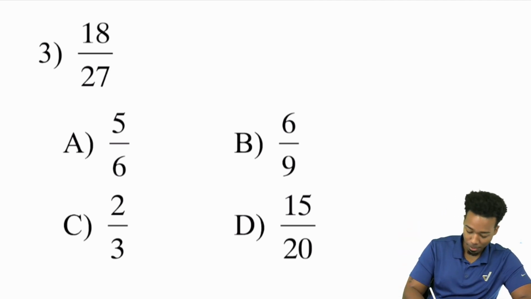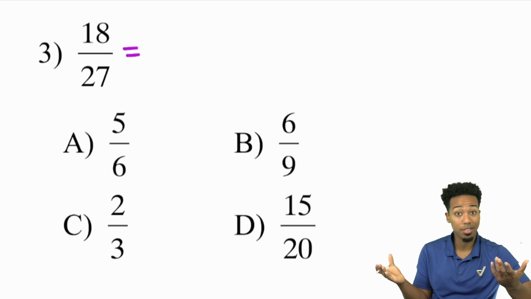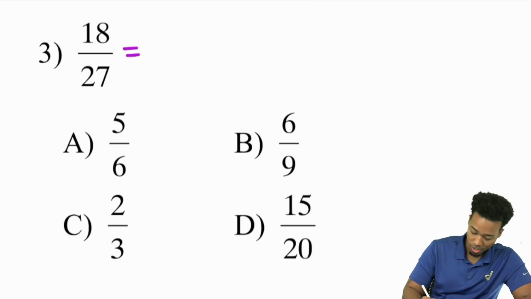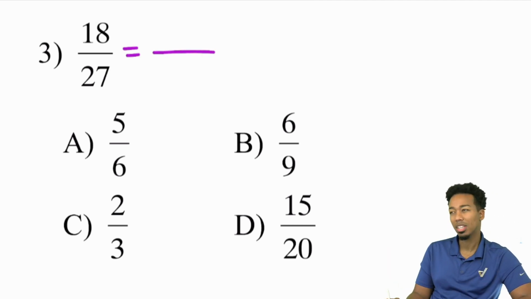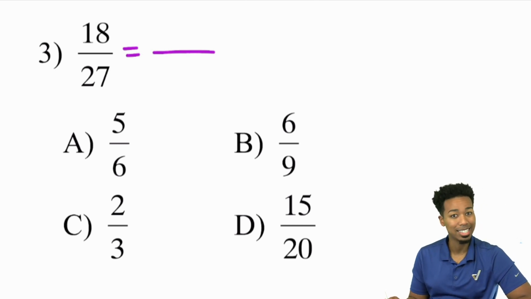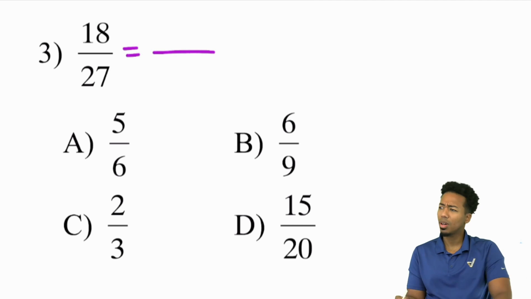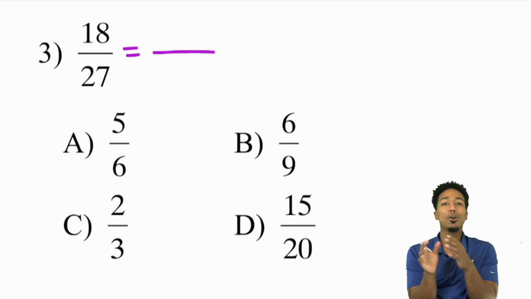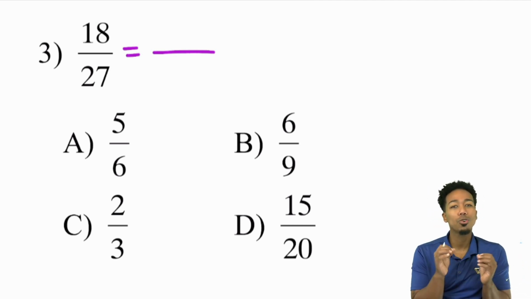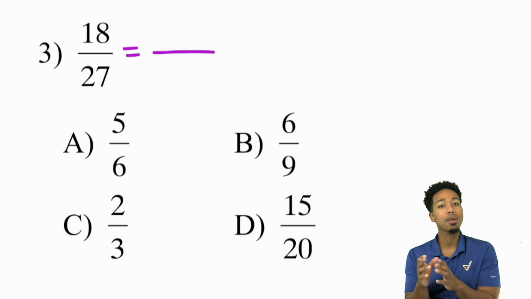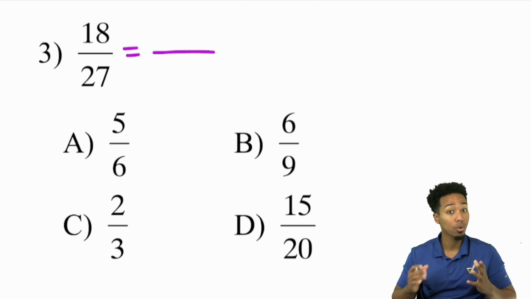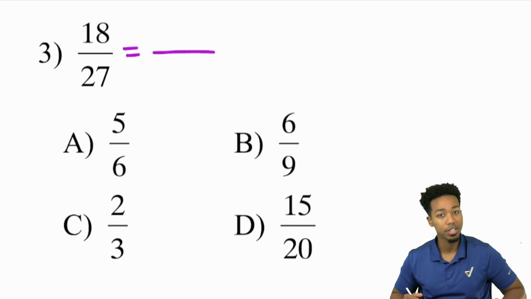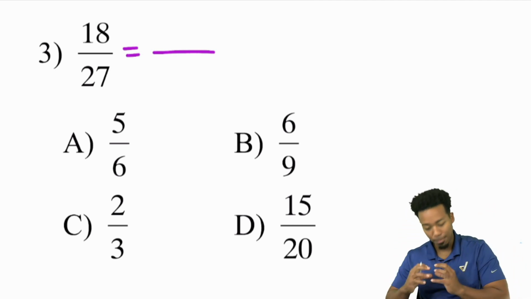To simplify, we're just taking away what they have in common. 18 and 27 both have 9 in common. Now, if you're thinking, don't they also have 3 in common? Absolutely. But 9 is 3 times 3, so 9 already includes that 3. You always want to reduce by the greatest common factor, the biggest number they have in common. That's how you get to the simplest form.